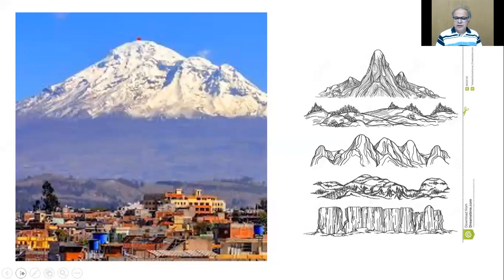At this point, you can see the slope is 0, because if I draw a tangent like that, the steepness is 0.